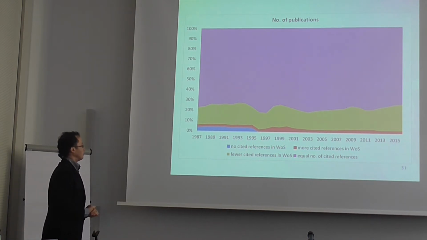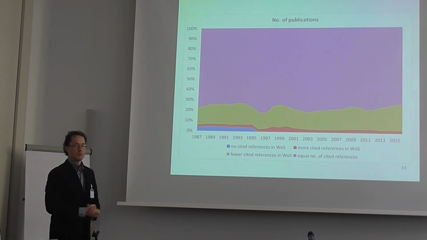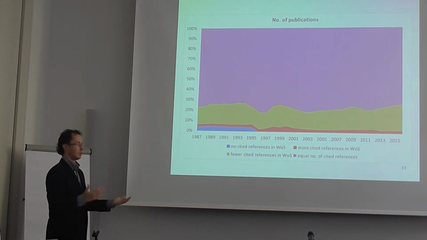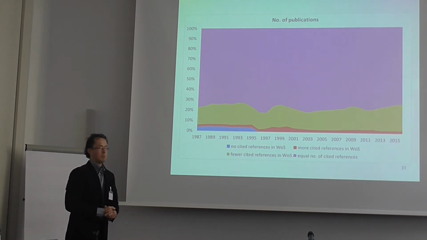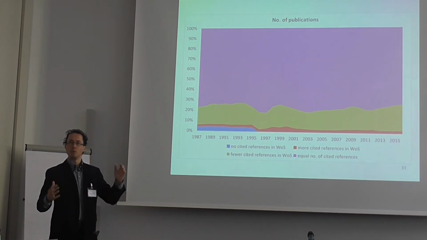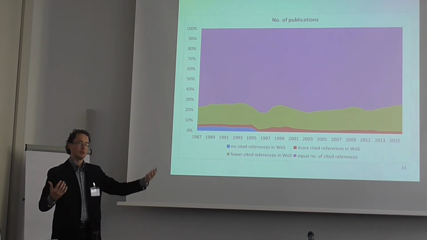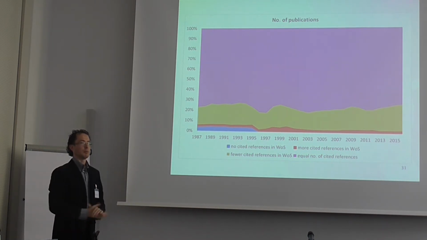Then in red we see a category of publications for which we have identified more cited references in Web of Science compared to the original publication. In green, fewer cited references. And in purple we see the share of publications with an equal number of cited references in the original publication and in Web of Science.